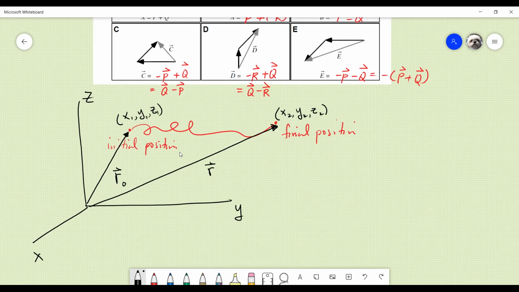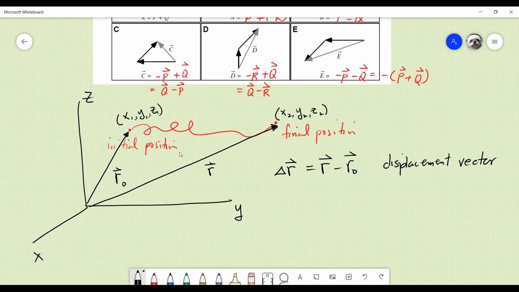Now, remember that in chapter 2 we were talking about the displacement. Now, what is the displacement here? The way we draw it, the same thing, will be equal to R, the final position vector, minus the initial position vector. Good.